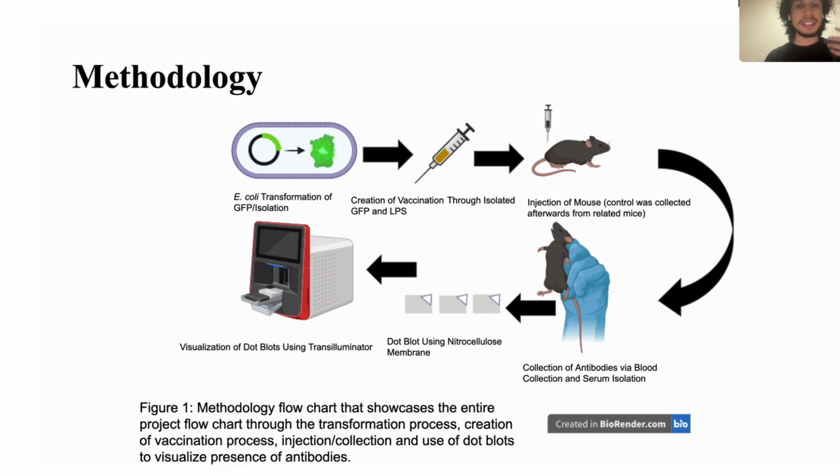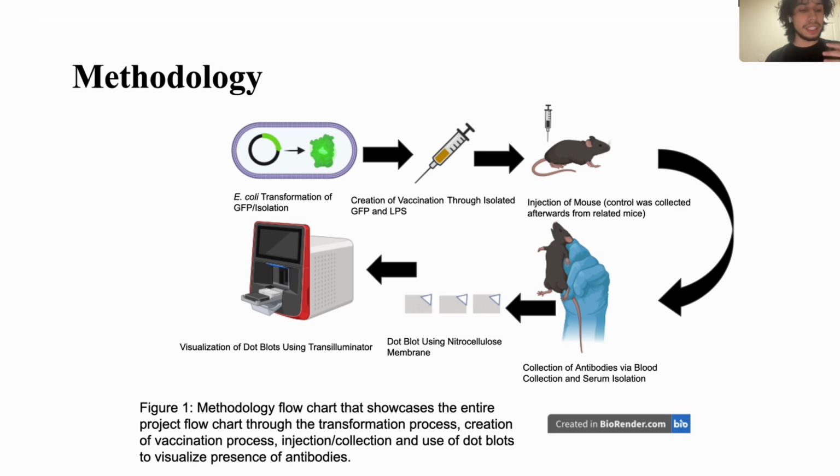So we would then take this injection and we would inject our mouse. Our control was actually collected afterwards, and this was from a related mouse, and this is because we had not previously collected the blood from our mouse that we were using. The mouse that we were specifically using is 1R, and our strain was Black 6 strain. This was due to the strain being very common and also being very friendly with us as well.